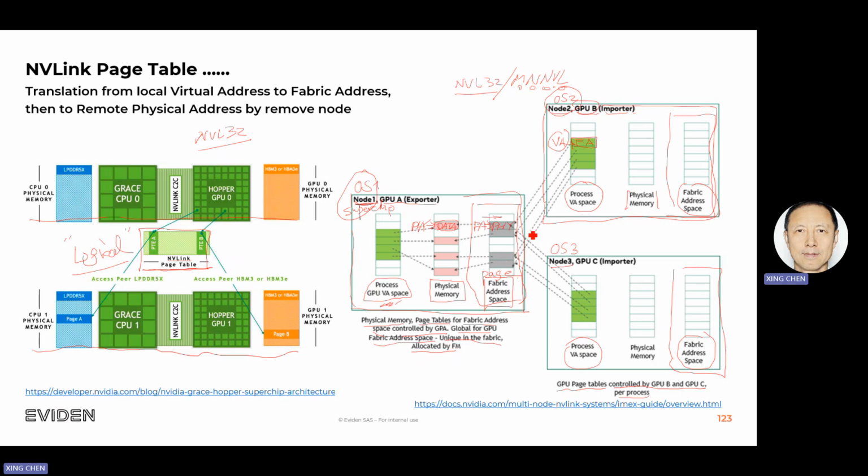I mean, all the nodes, all the important nodes could address this page table and refer to this by using the fabric address to reach this fabric page table for the fabric address space.